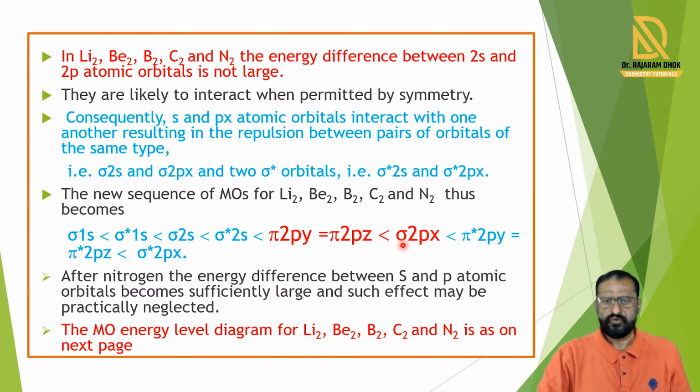So sigma 2px acquires higher energy than the pi orbitals. And after that again pi star 2py, pi star 2pz, sigma star 2px, that remains same energy. So you remember only sigma 2px and pi orbital energy levels are changed.